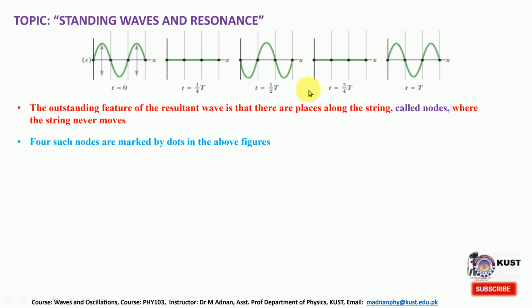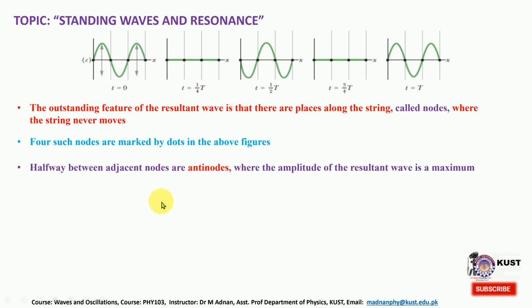All these five figures are snapshots taken at different times, but at all times these parts are not moving up or down, they are just stationary. Halfway between the adjacent nodes are antinodes. These are the antinodes, where the amplitude of the resultant wave is maximum.